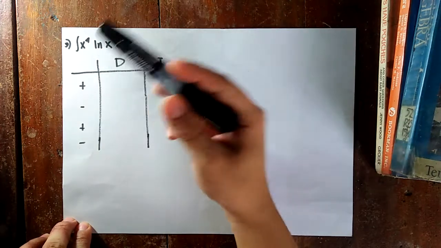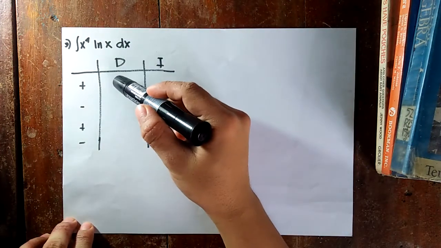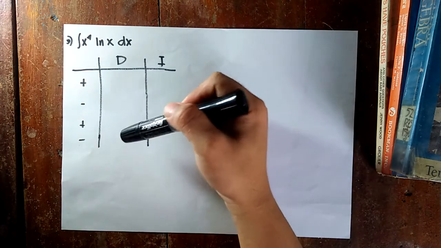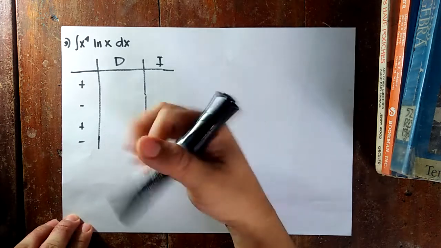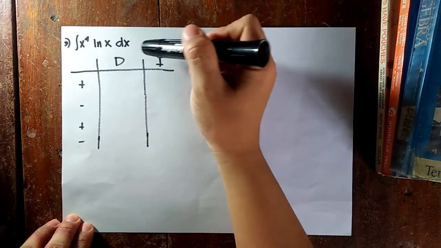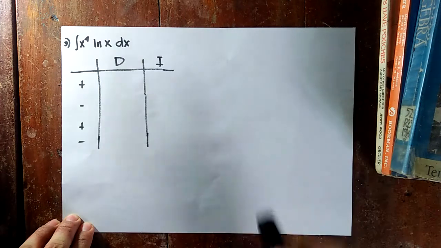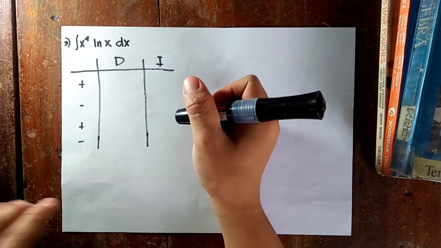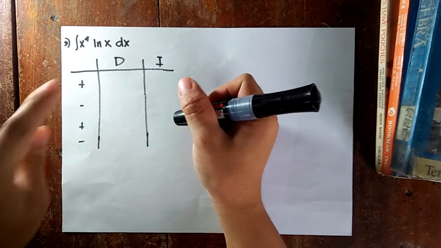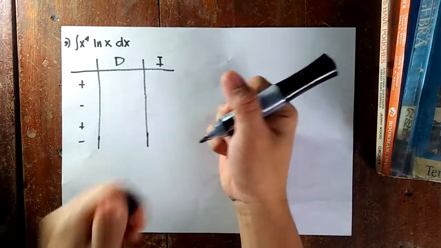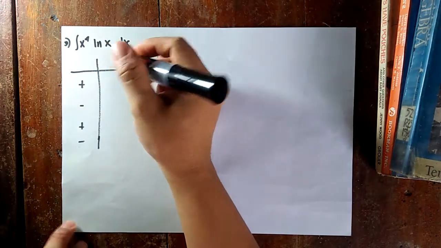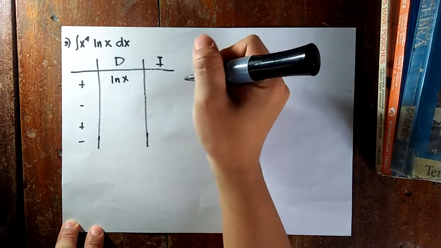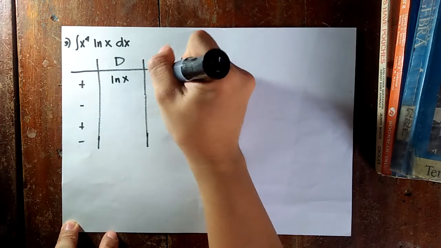If the x to the fourth is in the derivative column, it can reduce to 0 when it comes. While the ln of x, if we integrate it, it will be complicated. So let us put ln of x in our derivative column, and the x to the fourth in the integral column to be integrated.